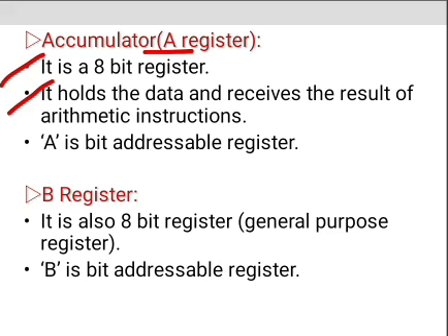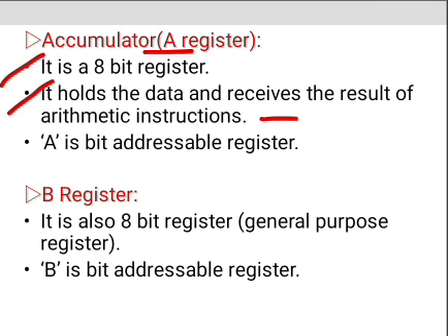It holds the data and receives the result of arithmetic operations. That means one of the data is stored in the accumulator, and after the operation is performed, the result is stored in the accumulator A. In the multiplication operation, one of the 8-bit data is stored in the accumulator A, and after the operation, it stores the lower byte of the result in the accumulator.